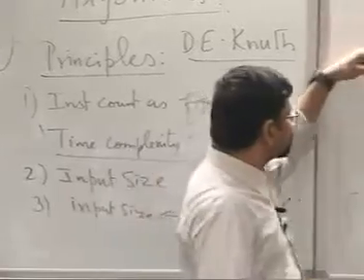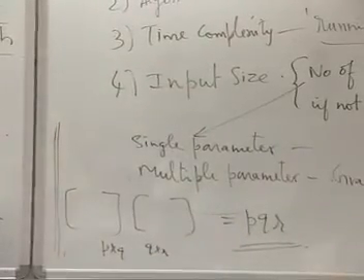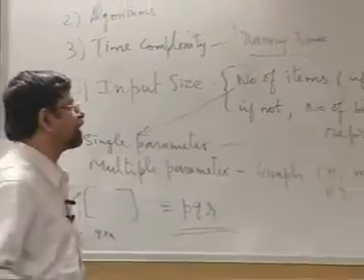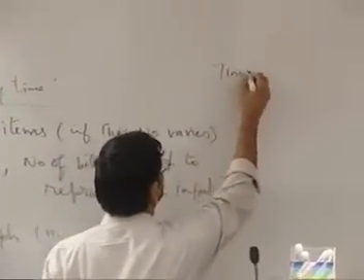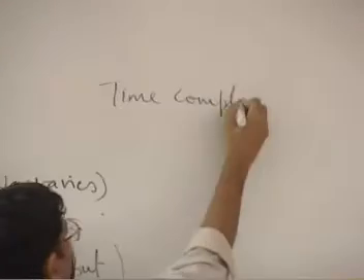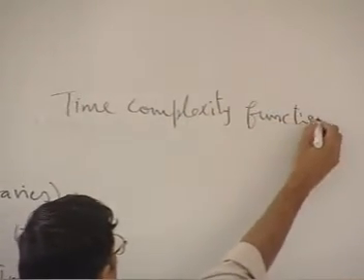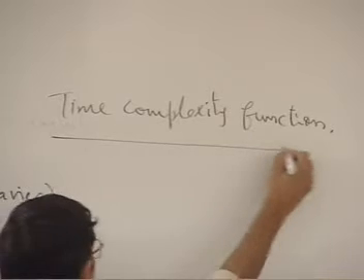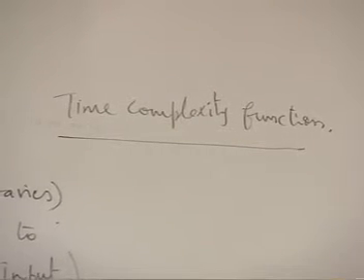So, after introducing the notion of input size and debating various pros and cons, we go to the next stage: the time complexity function. What is this function? Function means it has to relate two things.